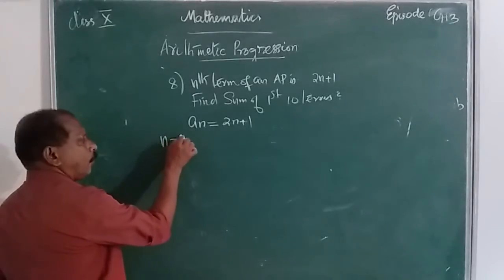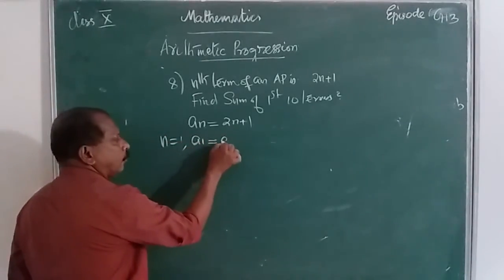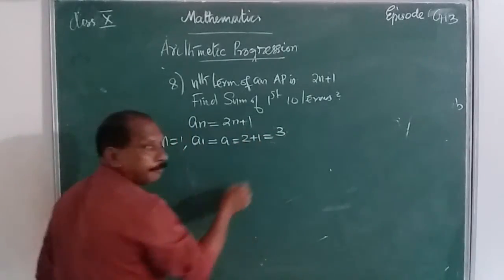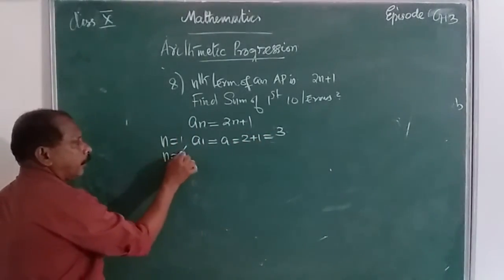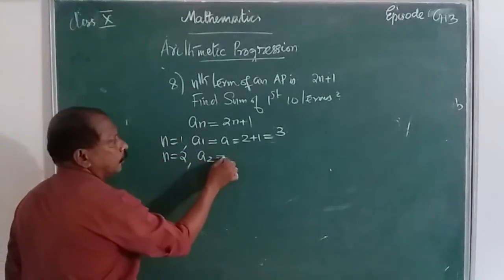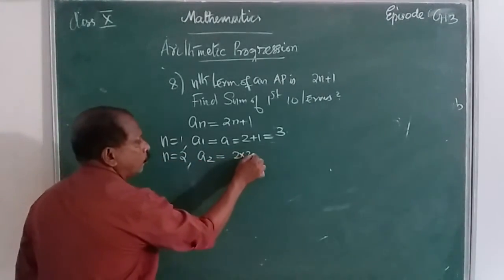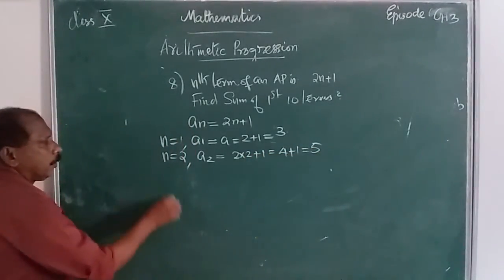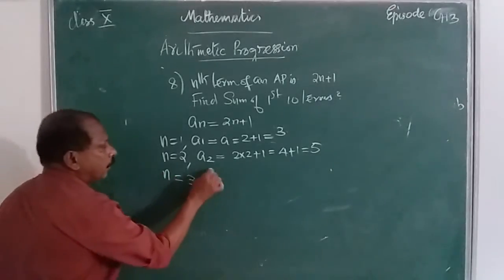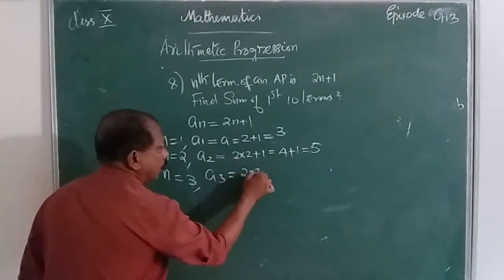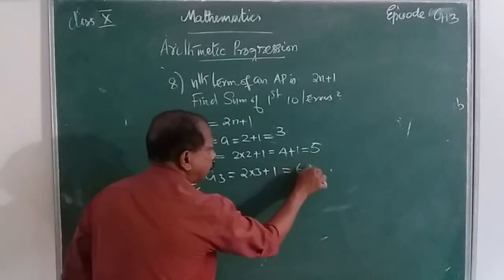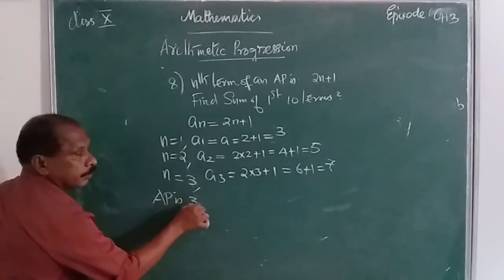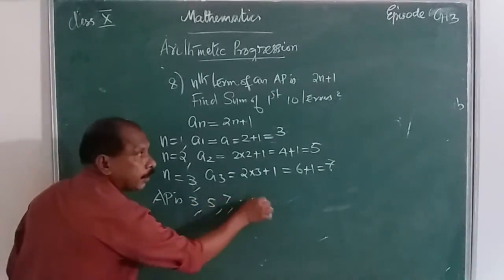Therefore, n is equal to 1, a1 is equal to 2 into 1 plus 1 is equal to 3. Then n is equal to 2, a2 is equal to 2 into 2 plus 1, is equal to 5. Then n is equal to 3, a3 is equal to 2 into 3 plus 1, is equal to 7. Therefore, AP is 3, 5, 7, etc.